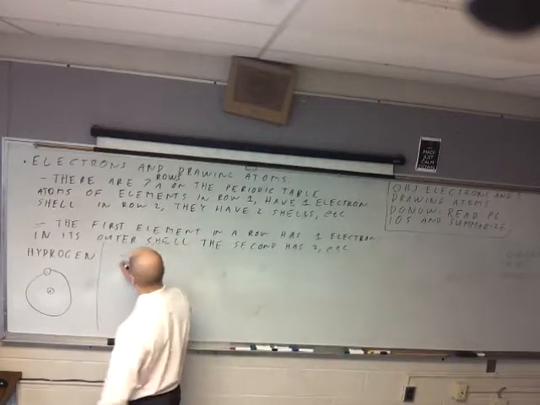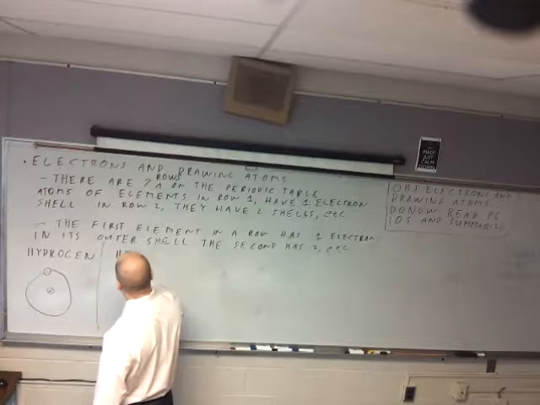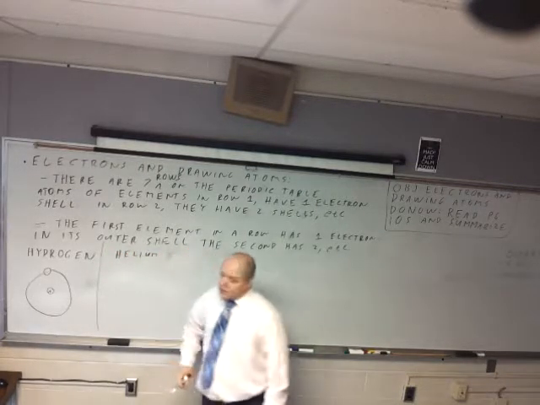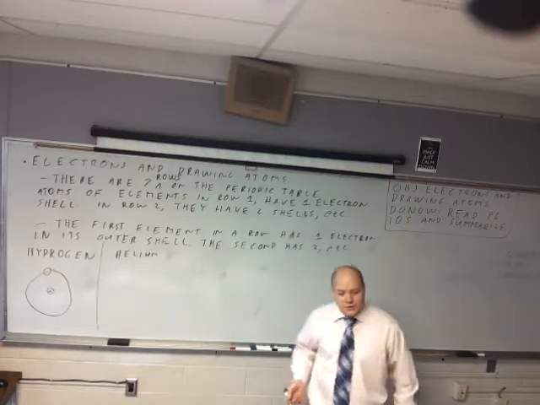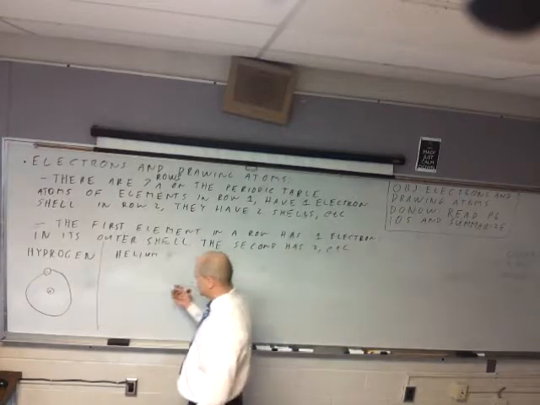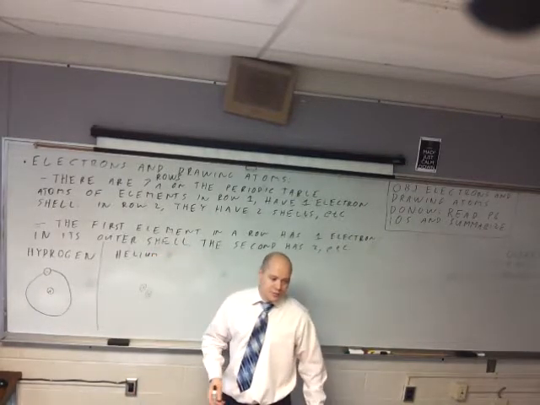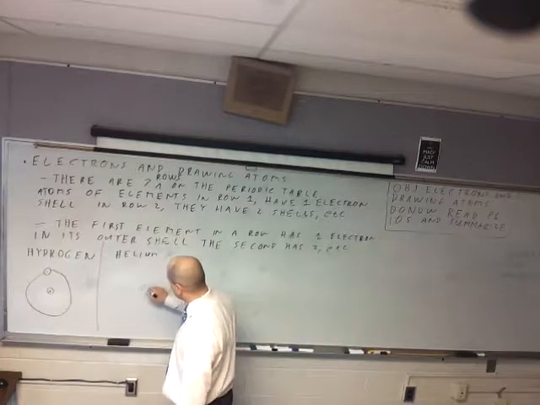Let's do helium next. If we look at the nucleus of helium, it's atomic number 2, so there should be 2 protons, right? The atomic mass is 4, so there's got to be 2 other things in there. Those would be neutrons.